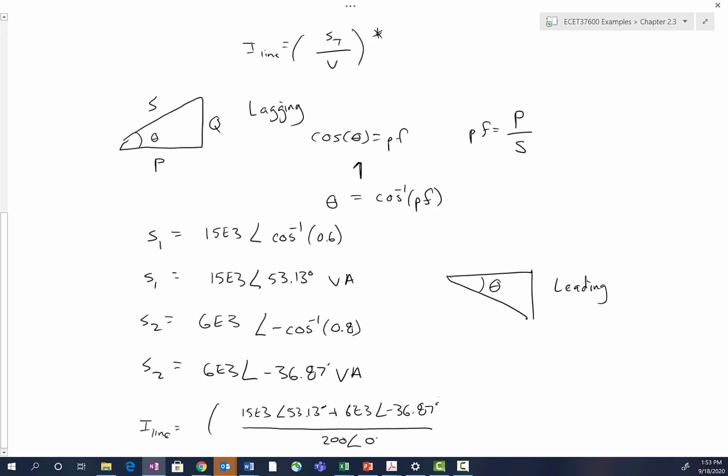Since we don't know the voltage anywhere else in the circuit, we're going to take that as our reference. The load voltage in this case we will take as the reference, and then we got to take the complex conjugate of that. And so what you should find is that you get a line current of 80.78 at an angle of negative 31.33 amps for the total current being used to deliver the power to those two loads.